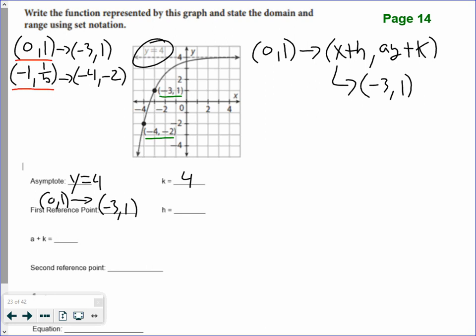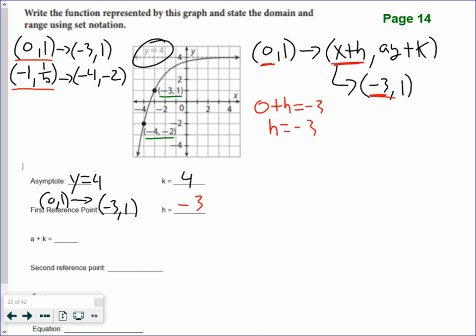What that's also saying is that when you have an x value of 0 and you put that into x + h, it's going to give you -3. So 0 + h gives you -3. Or in other words, h equals -3.